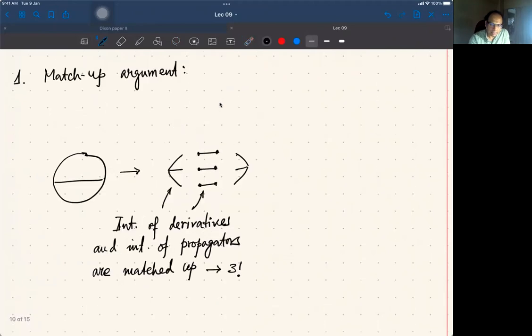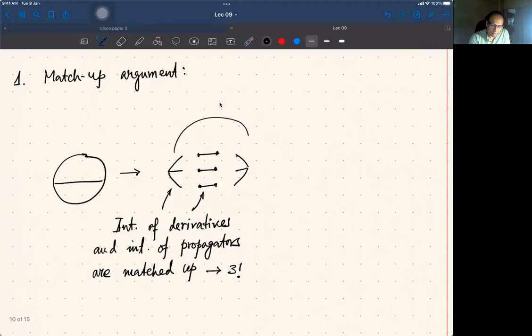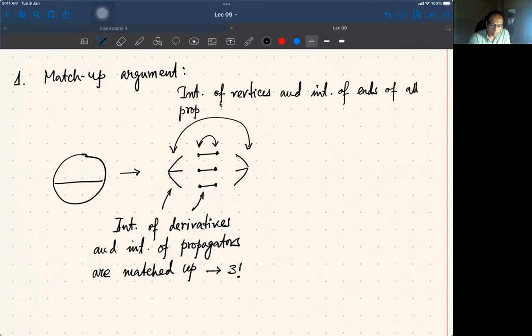So interchange of vertices and interchange of ends of all propagators are matched up.